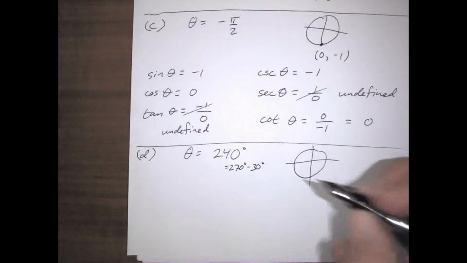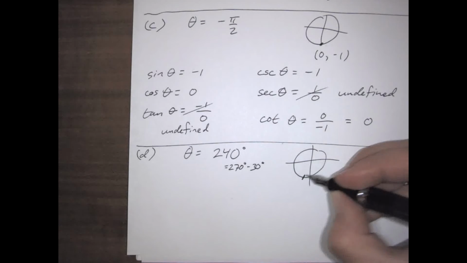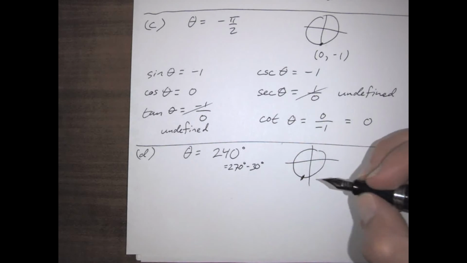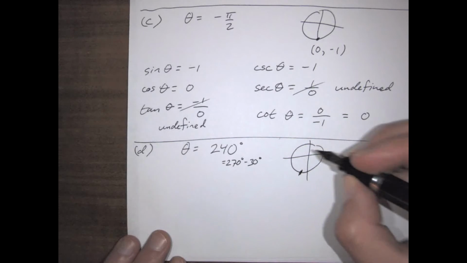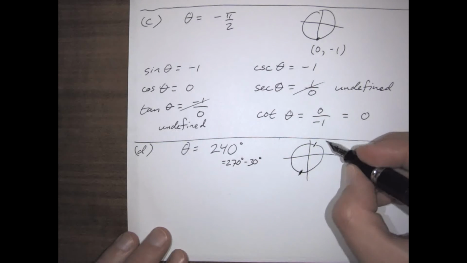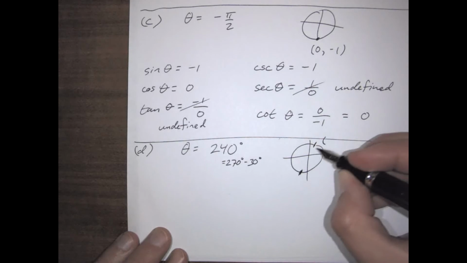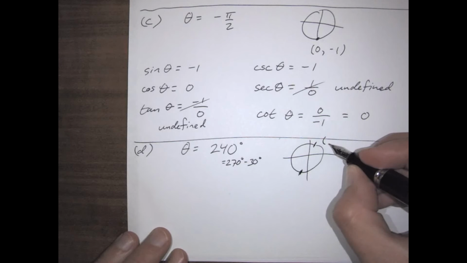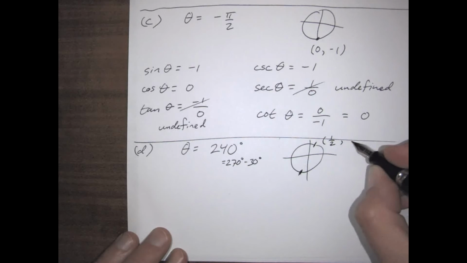So that puts us down here, 30 degrees off of the South Pole, which then puts us up here as our comparison. Well, if our comparison point is the 60-degree angle up there, then what that means is that our x was 1/2 and our y was root 3 over 2.